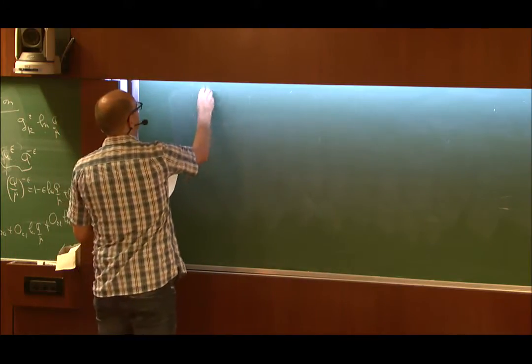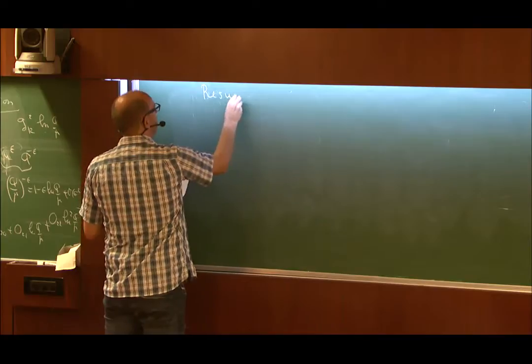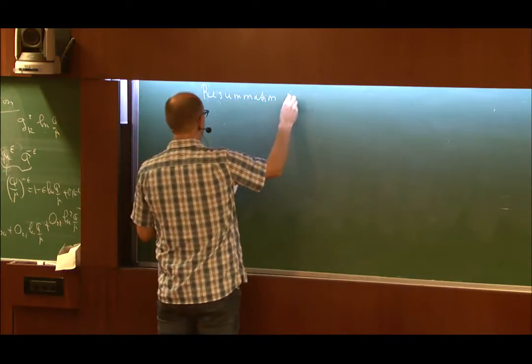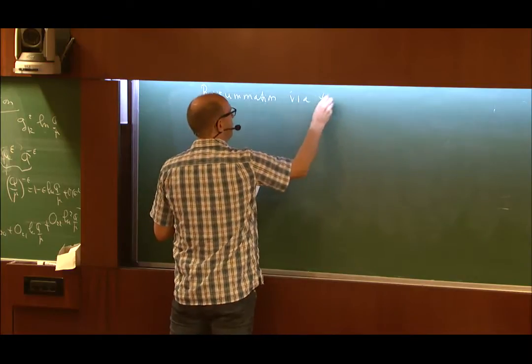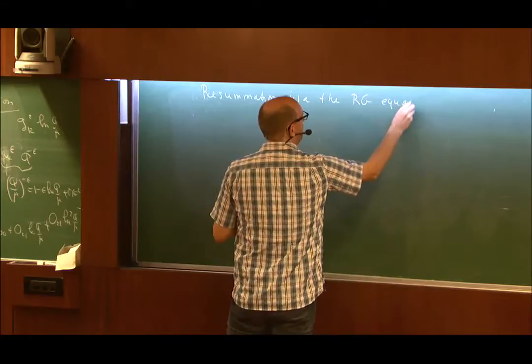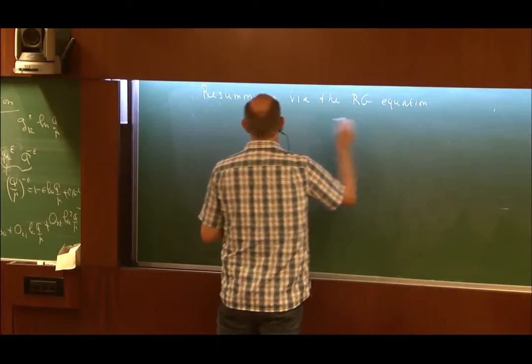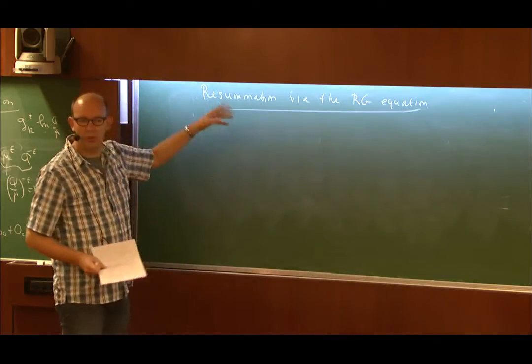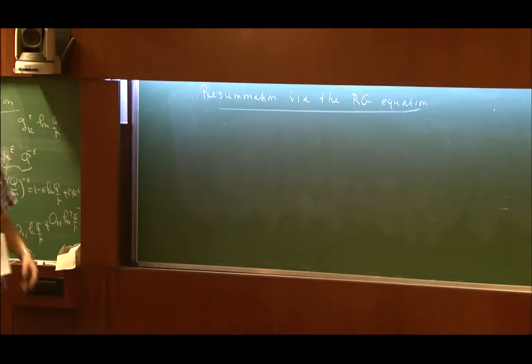And particularly, I would like to show how you can resum, and I'll tell you a little bit what I mean by that, via the RG equation. Resummation will be a bit of a theme of the lectures next week, and we'll see all kinds of methods to do that. This is summing things to all orders of perturbation theory, and solving the RG equation will be one method in which you can do that.